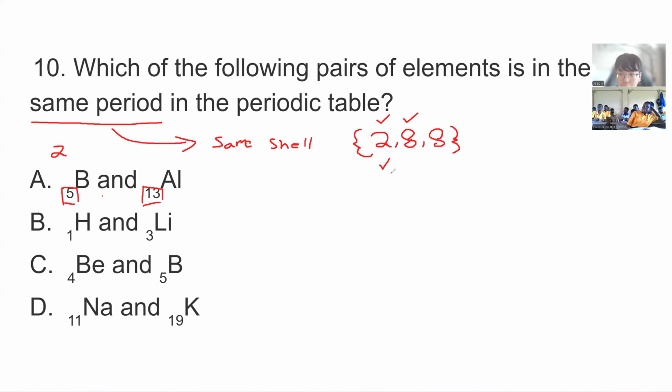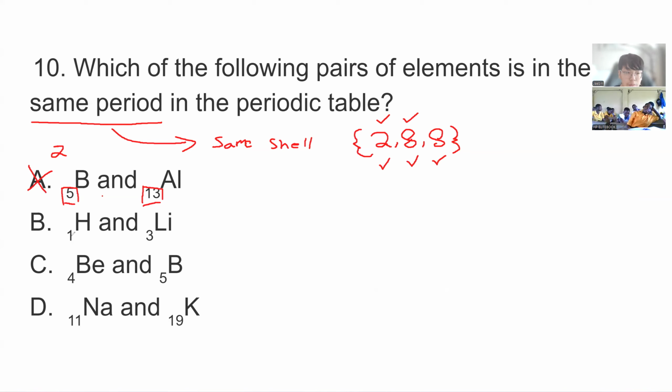We have 11 electrons left. It fills out 8, yes. It also partly fills out the third shell because we have 13 minus 10, which have 3. Aluminum has 3 more electrons in the third shell, so this is not in the same period.